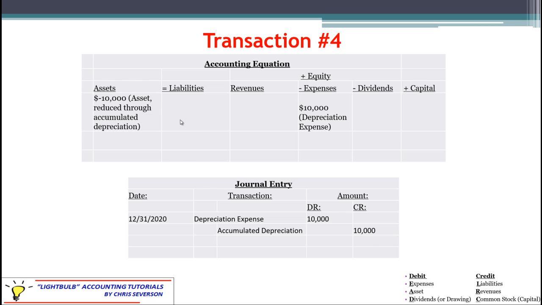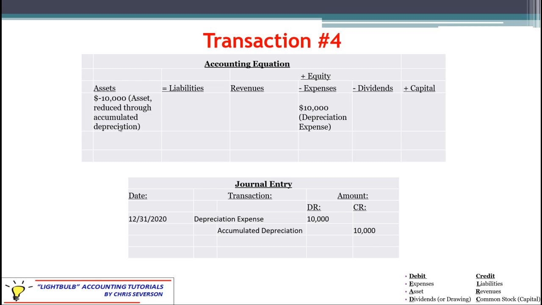But companies and investors and other users, they keep the full cost of that asset on the books, and they never touch it until they get rid of the asset altogether. Instead, they record this decline in value through a special account called accumulated depreciation. It's what's known as a contra asset account. Its whole purpose is to offset the original cost of the asset through a separate account.